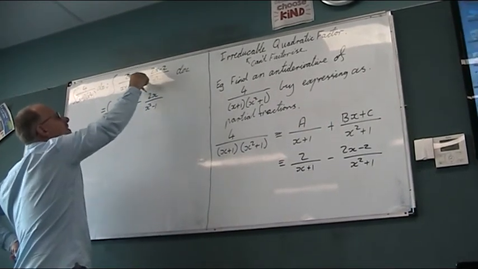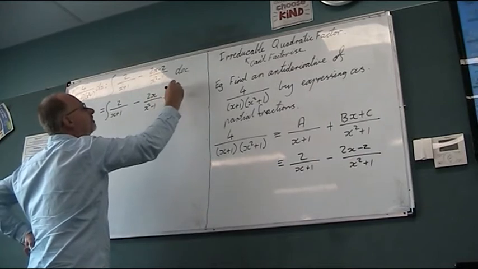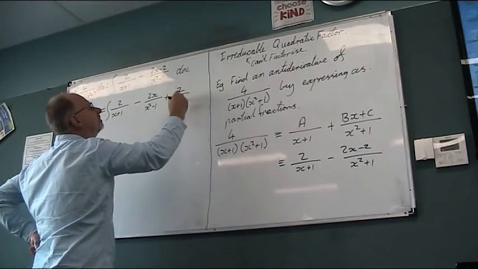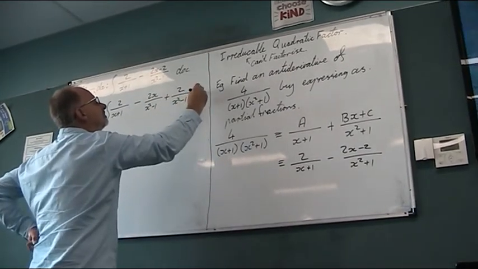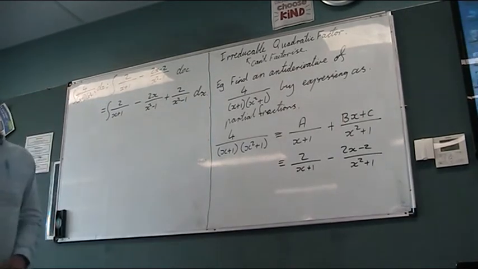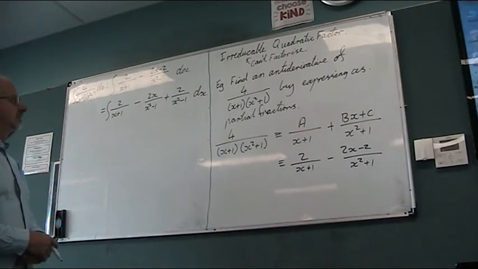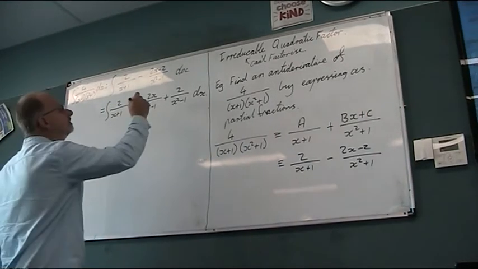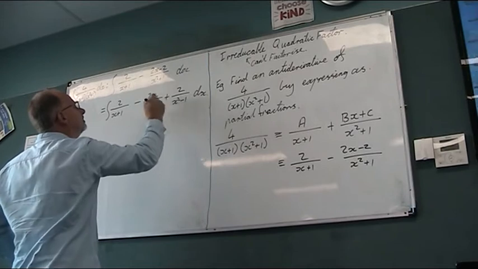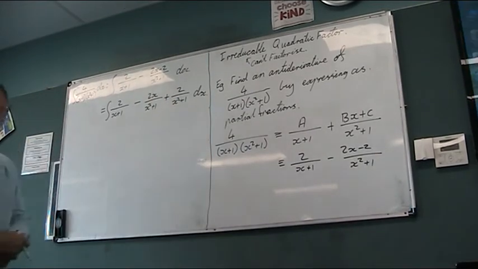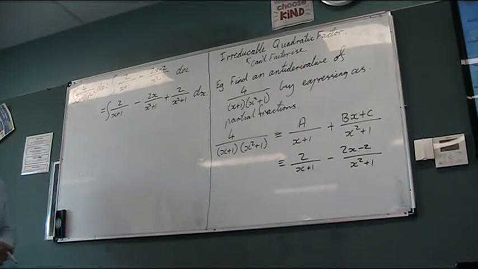Minus 2, and a minus and a minus is a plus. Is it plus 1? Plus 1. X squared plus 1. It is 2, I've forgotten that. Thank you. Alright, with me so far? Yep.